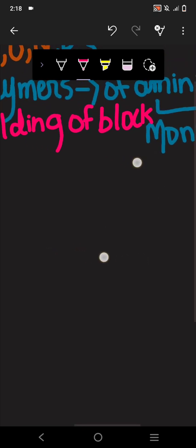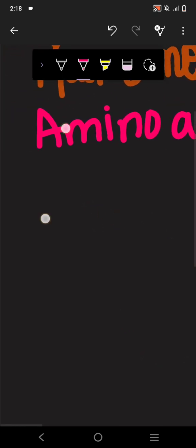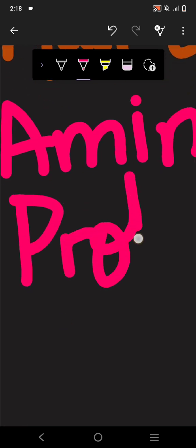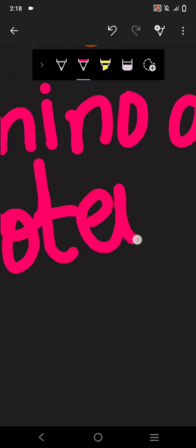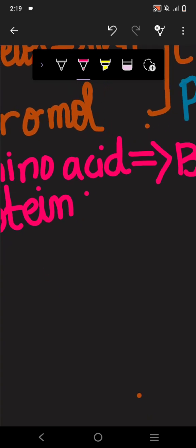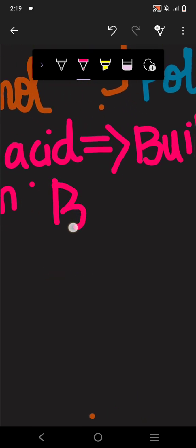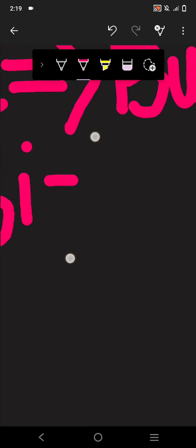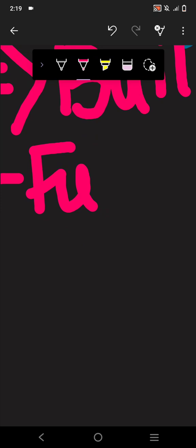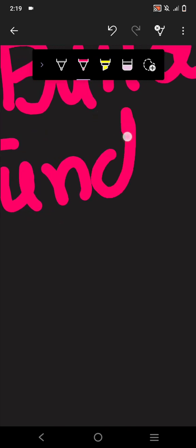Now we're going to discuss the composition of the amino acid. Amino acids are made up of carbon with a carboxylic group. Basically they are bifunctional, meaning two or more functional groups are attached.